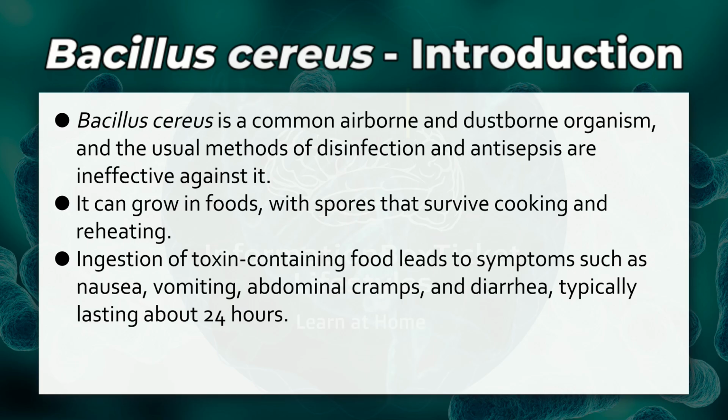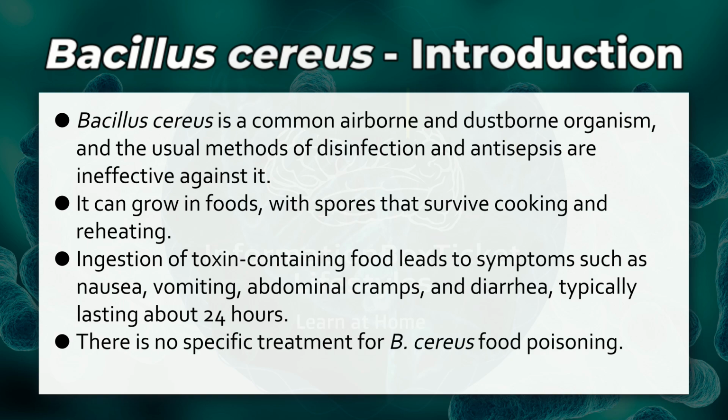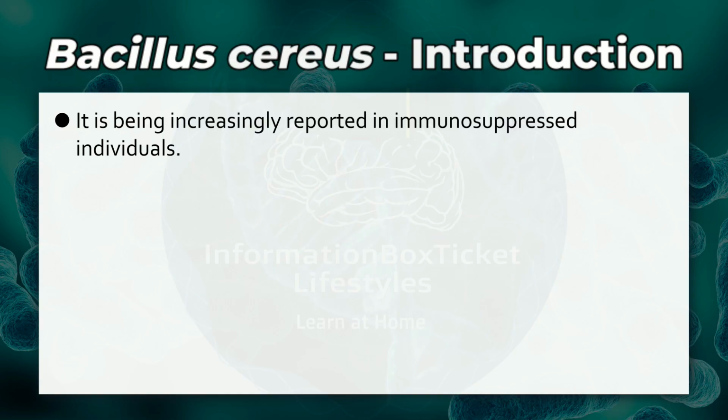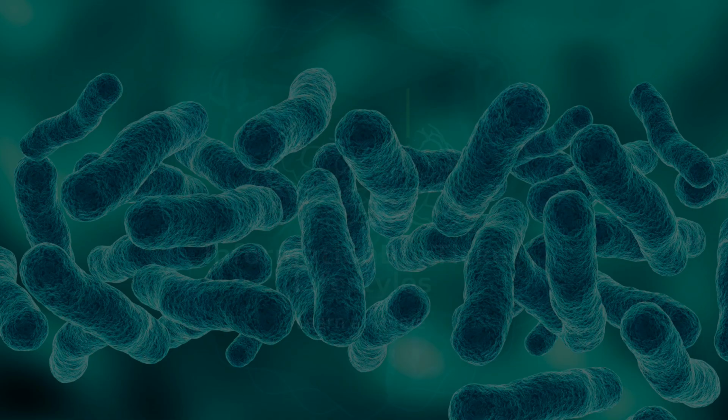Ingestion of toxin-containing food leads to symptoms such as nausea, vomiting, abdominal cramps, and diarrhea, typically lasting about 24 hours. There is no specific treatment for Bacillus cereus food poisoning. It is being increasingly reported in immunosuppressed individuals.